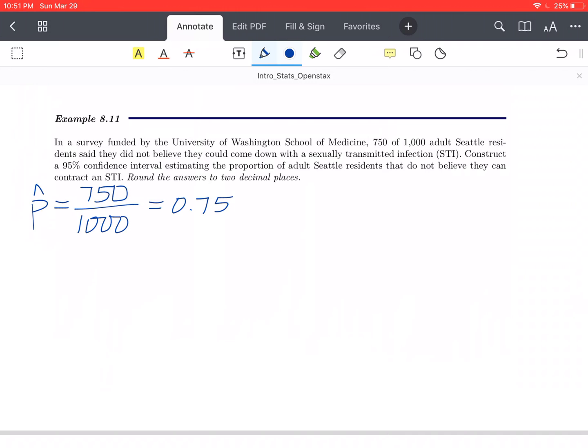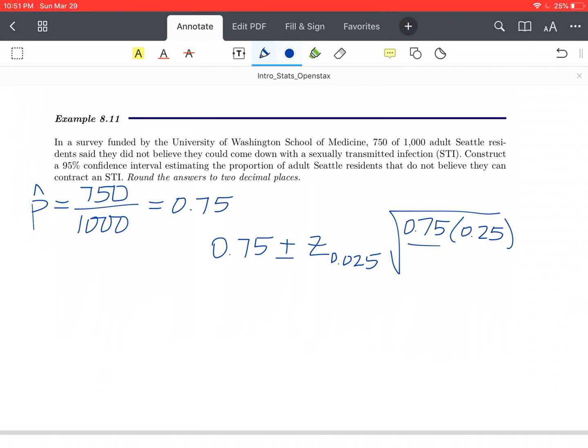So our value is going to be 0.75 plus or minus, now 95% confidence, so alpha is 5%, so 0.05. Half of that is 0.025, times the square root of p-hat times 1 minus p-hat over n, so over 1,000.